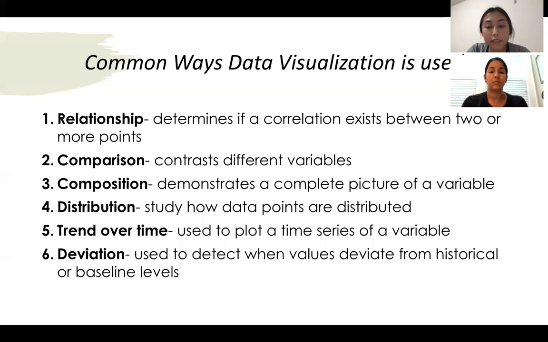Number four is distribution, to study how data points are distributed throughout a data set. Number five is trend over time, used to plot a time series of a variable. An example is the number of patient arrivals to the emergency department. And lastly, number six is used to detect when values deviate from baseline levels.